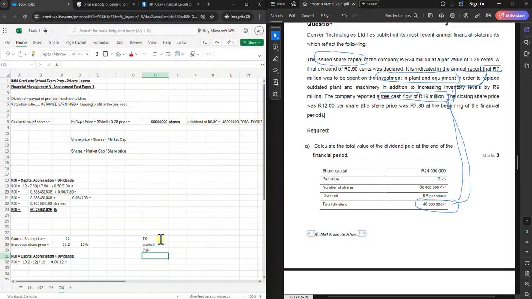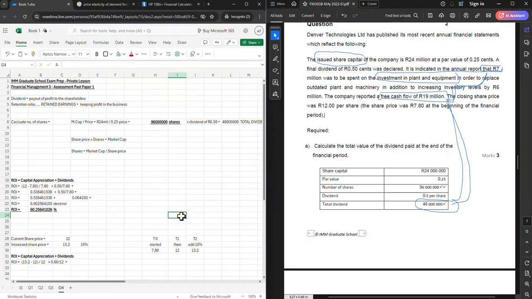Does it make sense? Yes. And then it went to 12, and then 13.2. There are 3 years here basically.